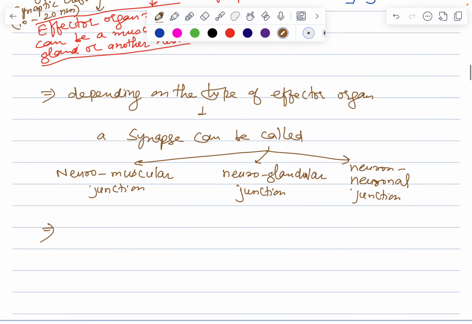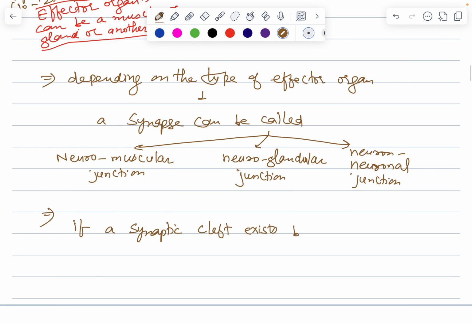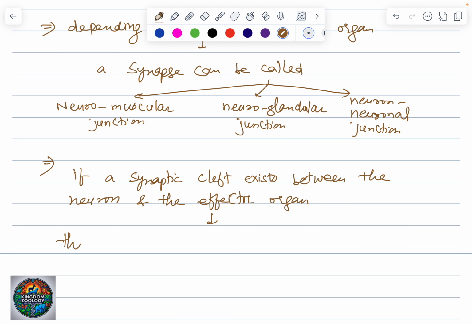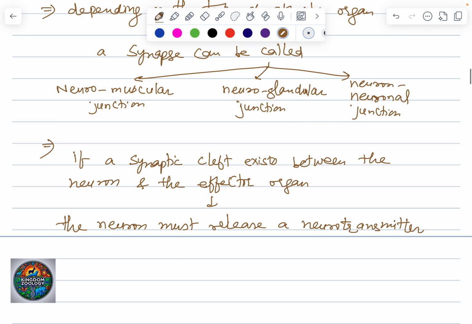So if a synaptic cleft is existing between the neuron and the effector organ, the neuron must release a neurotransmitter chemical. That's the only option because it is not in physical contact with the effector organ.